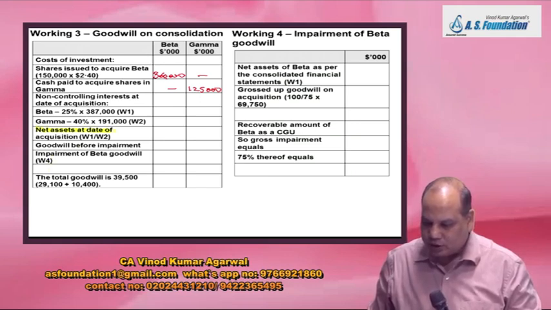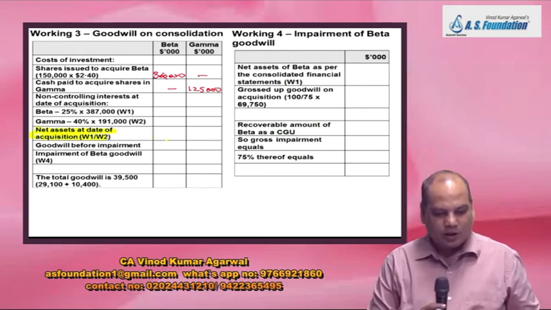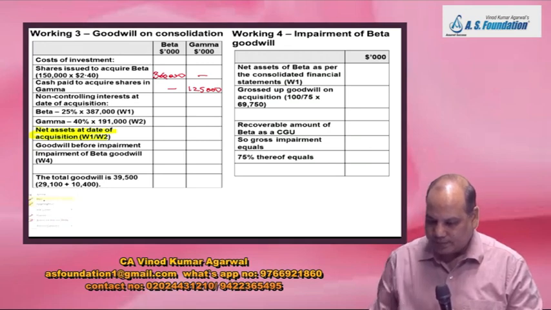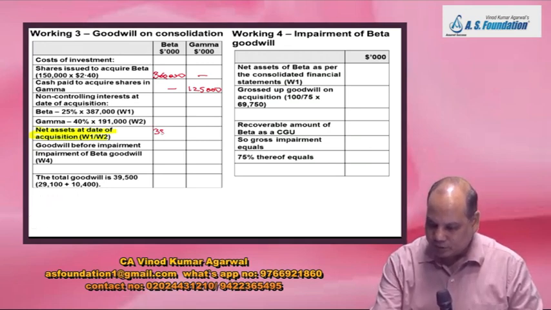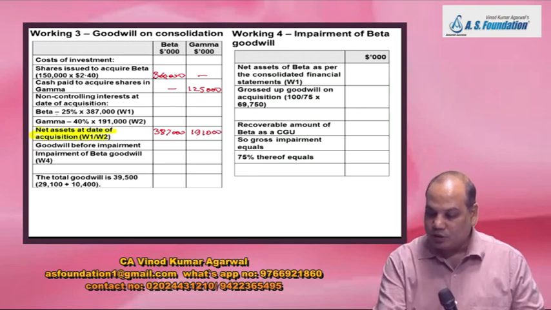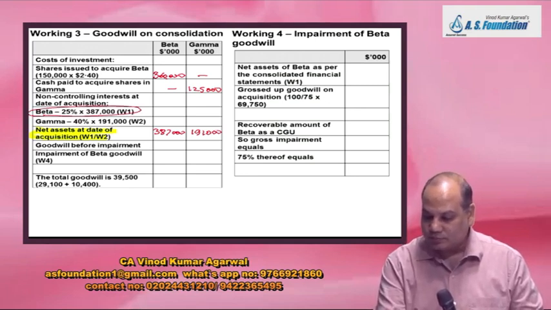Net asset at the date of acquisition here on the screen. 3,87,000 and 1,91,000. Using this number, compute the NCI also here.